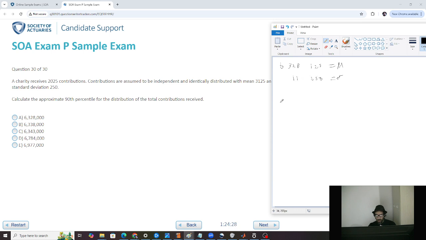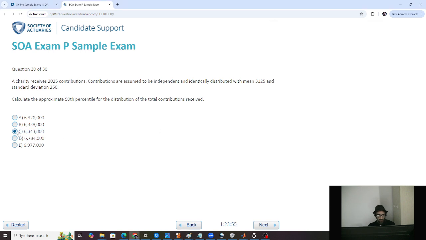For the 90th percentile, we want the mean plus 1.28 standard deviations. I'm remembering that 1.28 because we looked it up earlier. Plus 6,328,125. And I'm getting choice C, 6,343,000.